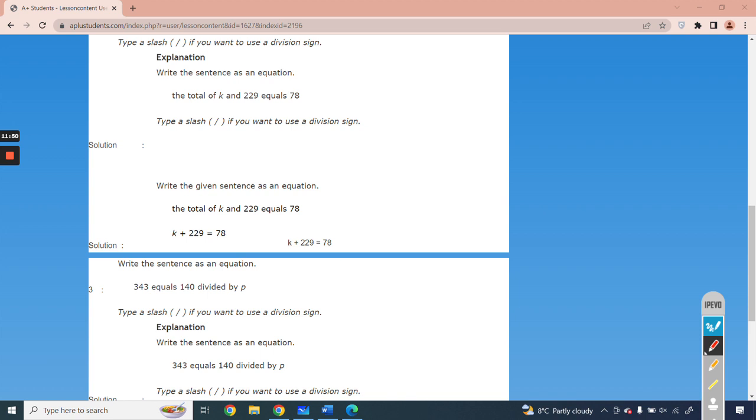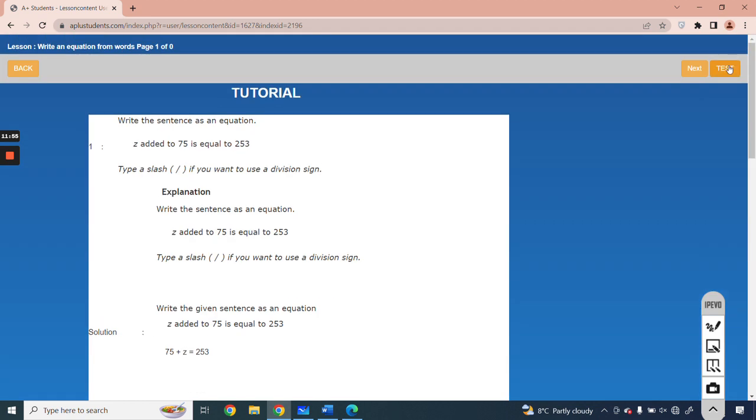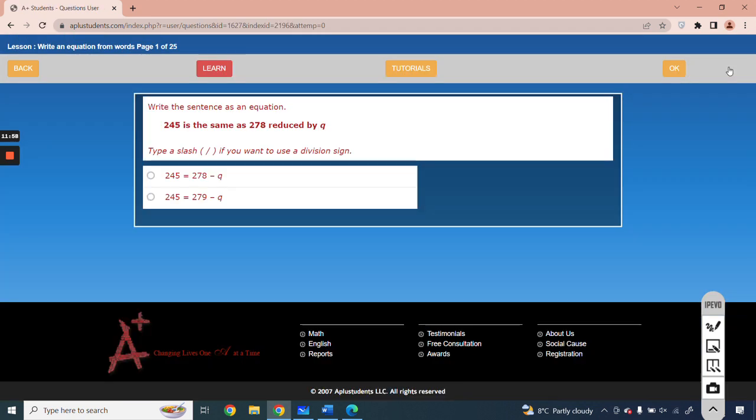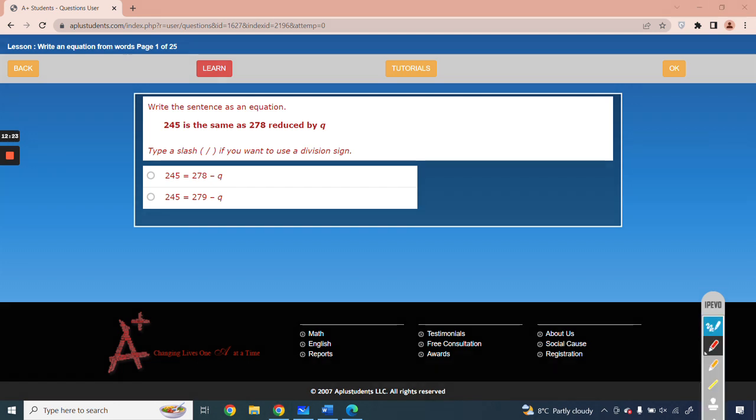Okay, let's just start with the test questions. 245 is the same as 278 reduced by Q. So which of the options is the correct one? Reduced means you have to subtract.